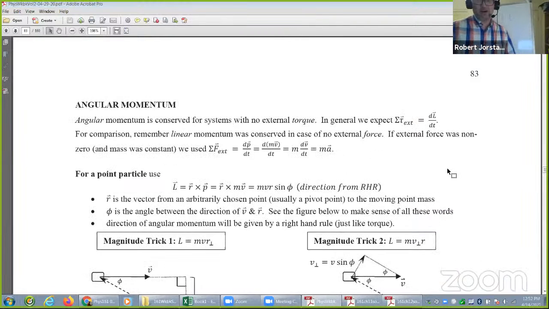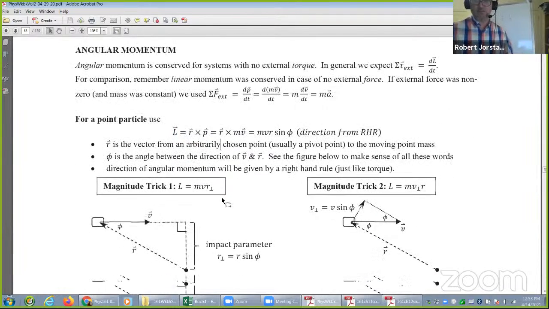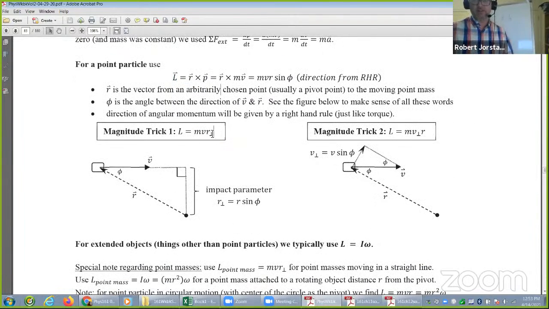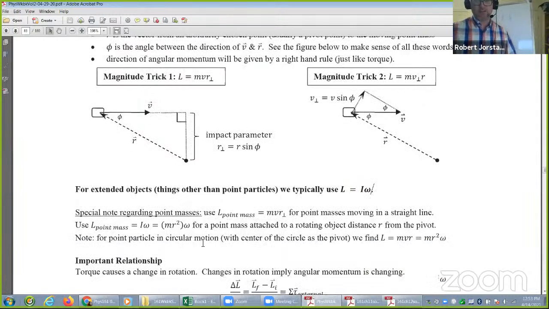Okay. So in this case, that's what we talked about last time. Angular momentum. This was the fundamental way of calculating it that you could use in any situation ever. However, we saw that there are some tricks that are usually used. Specifically, sometimes we use MVR perpendicular, or for extended objects, we use I omega and the right-hand rule. We mentioned that they match up.